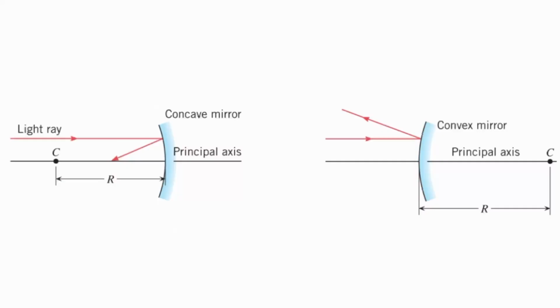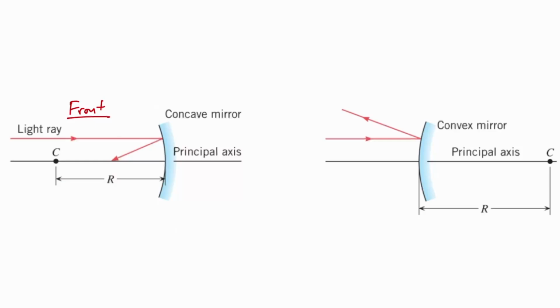Now, they haven't really labeled it well on here, so I'm going to do it. The front side of any optic, any mirror, any lens, is the side that the object is on. There's always something that's causing a light ray to happen, okay? The front side is always the side of the object.